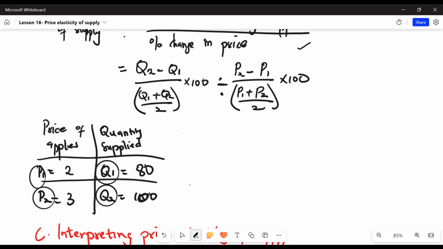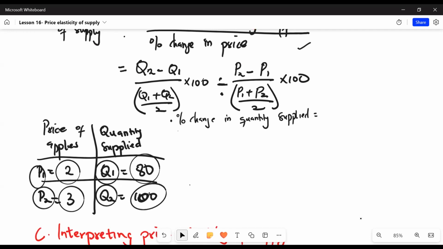First of all, let's calculate the percentage change in quantity supplied. When price increased from 2 to 3, quantity supplied increased from 80 to 100 apples.